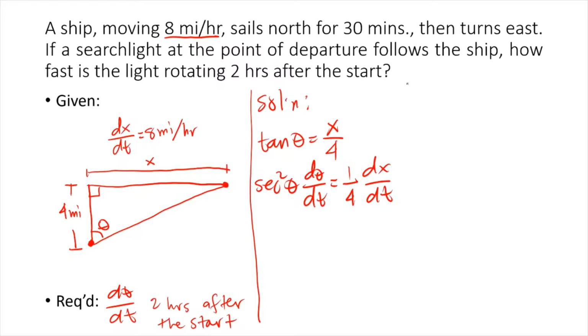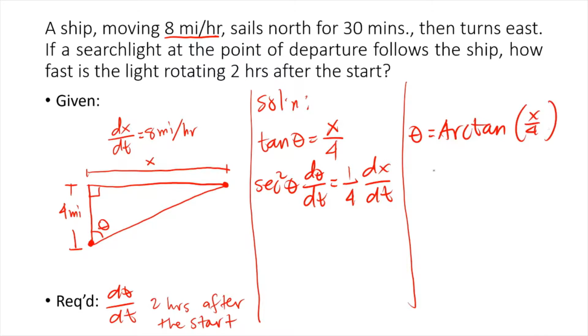Now let's differentiate using inverse trig. Okay, so first we need to isolate theta. So take the inverse tangent of both sides. This results to theta equals arc tangent of x over 4. Taking the derivative with respect to time, this gives us d theta dt equals derivative of arc tangent is in the form 1 divided by 1 plus the square of the argument, in this case x over 4.